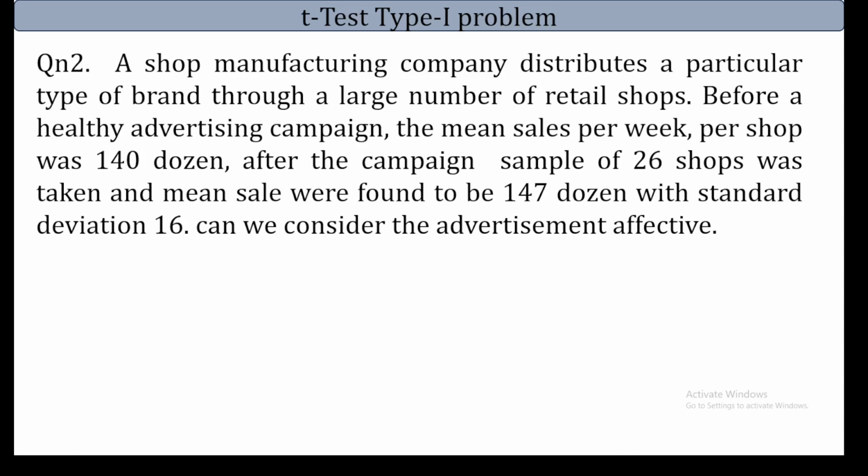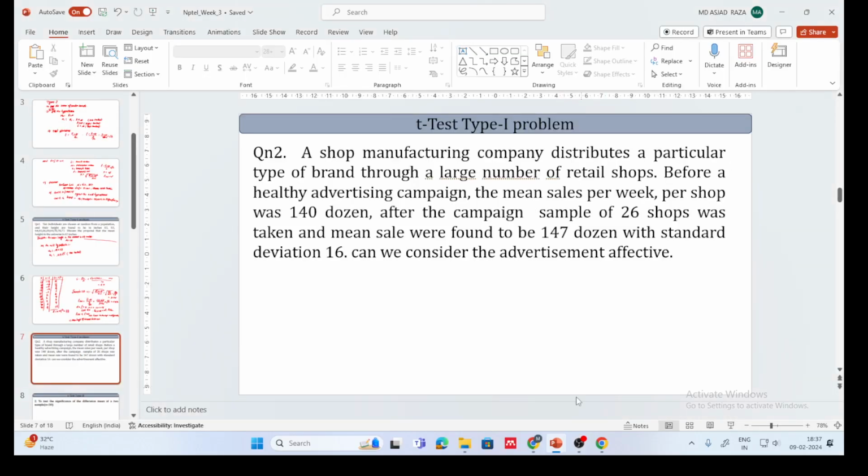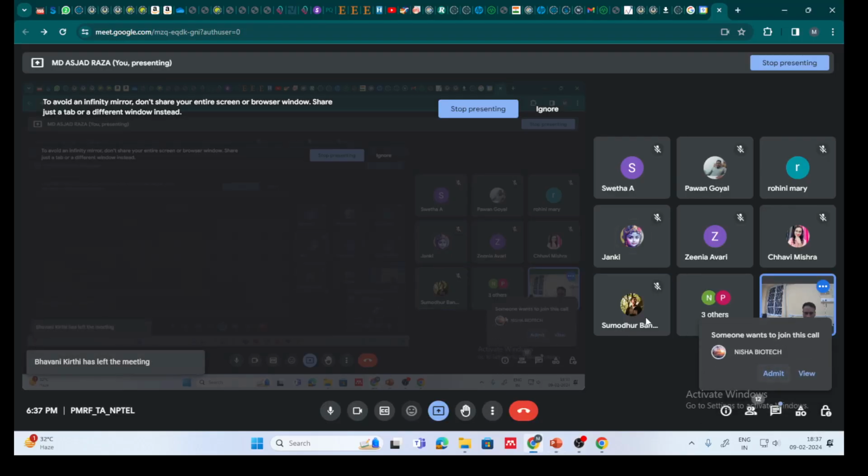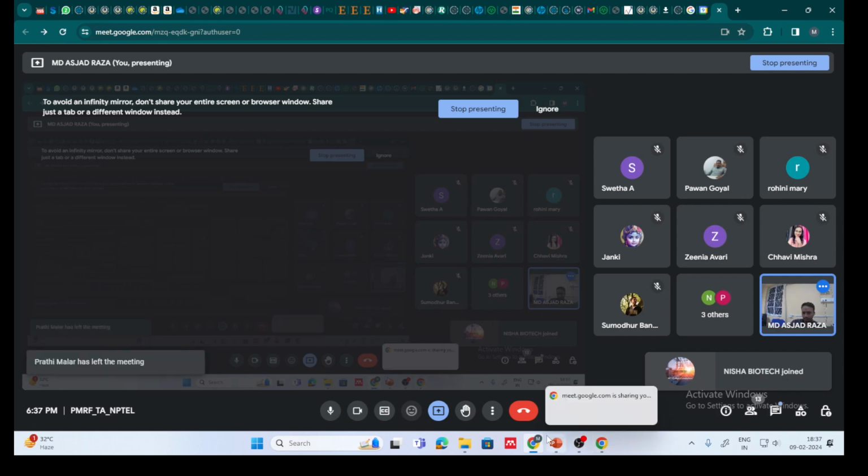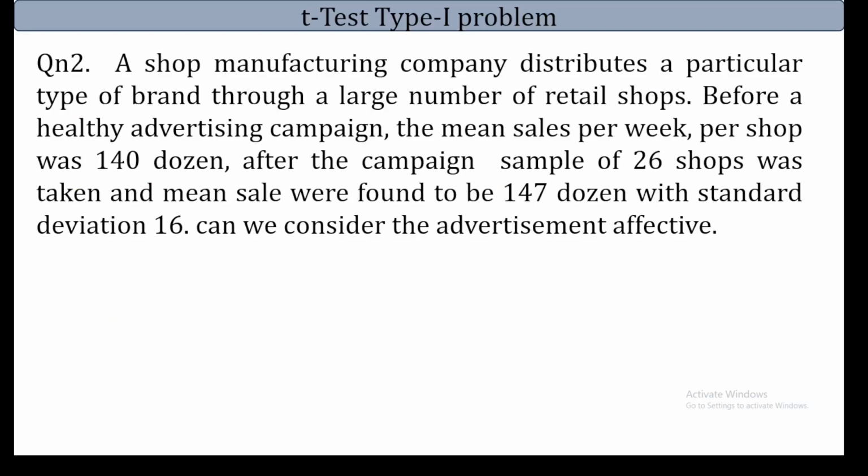After the campaign, a sample of 26 shops was taken and mean sales were found to be 147 dozen with standard deviation 16. Can you consider the advertisement effective? Just 1 minute. Please try this question also.